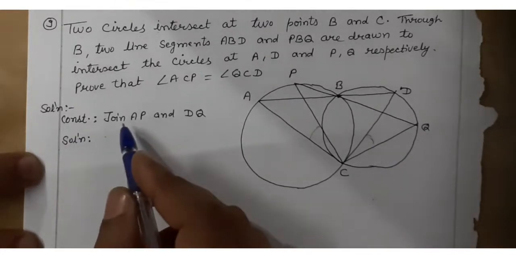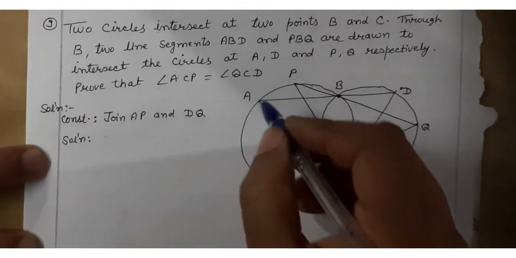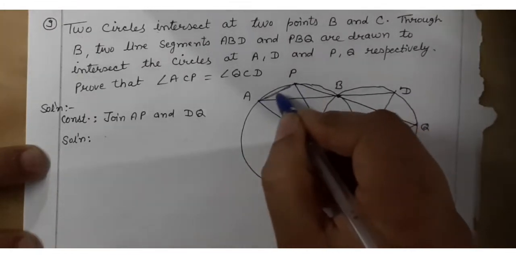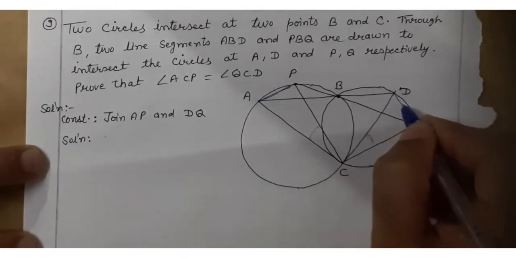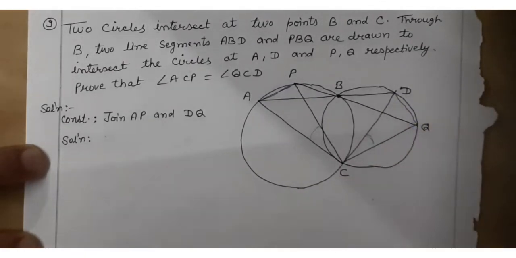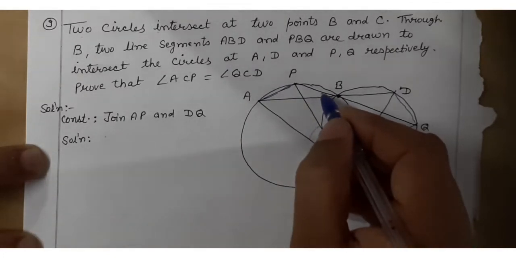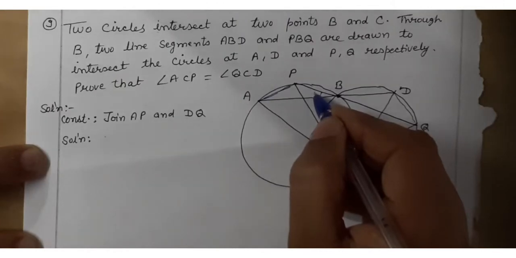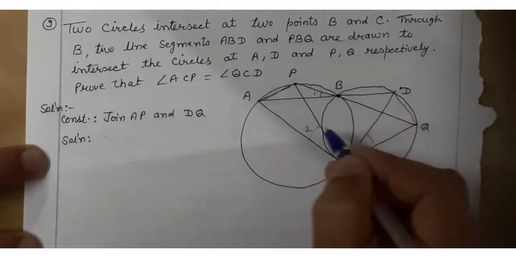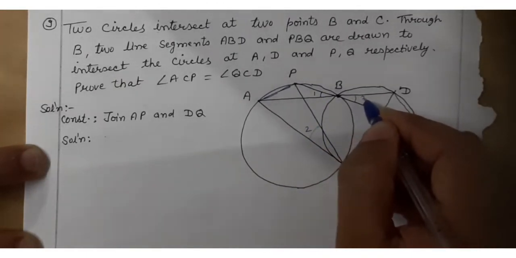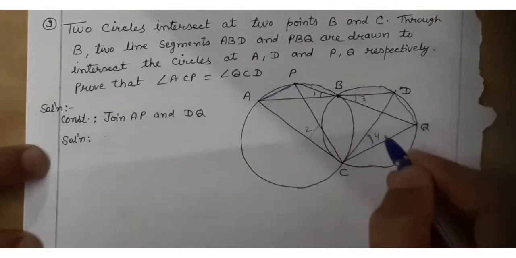For that, what I am doing? I am joining AP and DQ. I am joining AP here and DQ here. Okay. Then what I am doing, see here. This is your angle 1, marking angle 2, this is angle 3 and this should be angle 4.